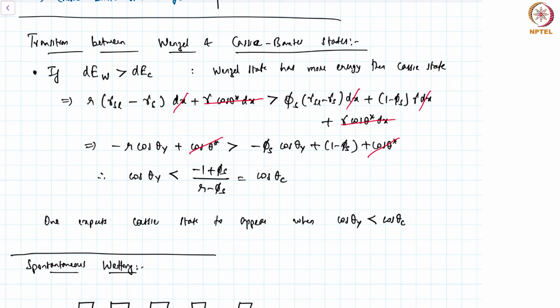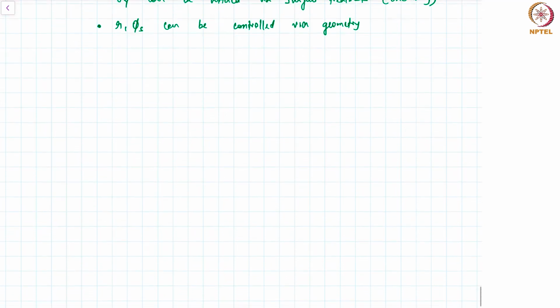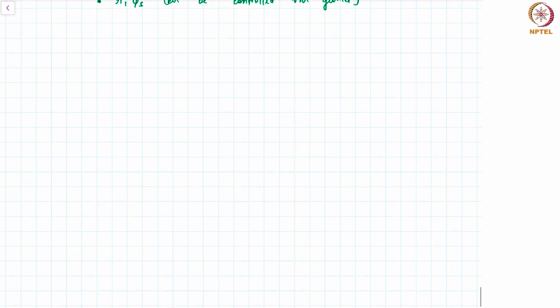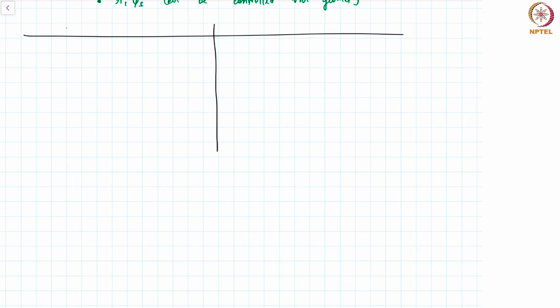So now we can write down some kind of a simple transition between these two regions. If I make a small table of Cassie-Baxter state and Wenzel state, let's write down what we saw.